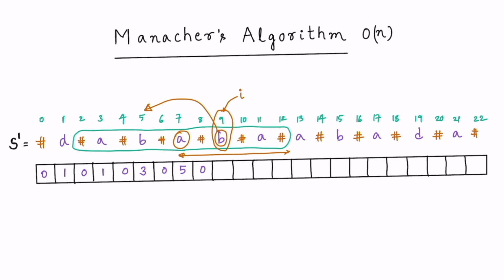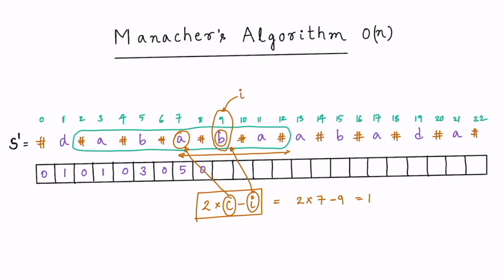The way to find the location of the mirror of this character B is using this formula, where C is the center of the previous palindrome, which is this character, and I is the current character we are processing, which is this. So 2 times C, which is 7, minus I, which is 9. So this would be 14 minus 9, which is 5.